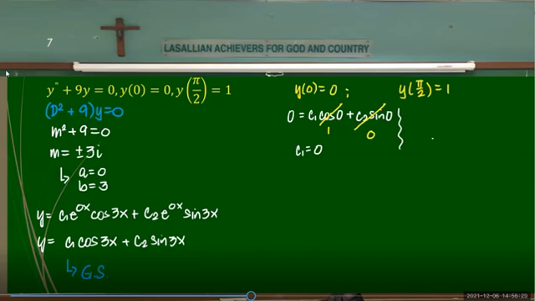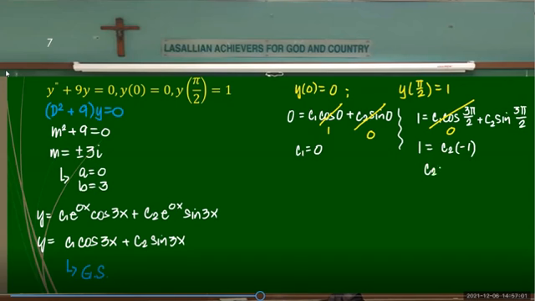Now let's go to the second one. 1 is equal to c1 cosine of 3 pi over 2 plus c2 sine of 3 pi over 2. Earlier, we already solved that c1 is equal to 0, so we don't need to care about that one. 1 is equal to c2, and then sine of 270 degrees is actually negative 1.